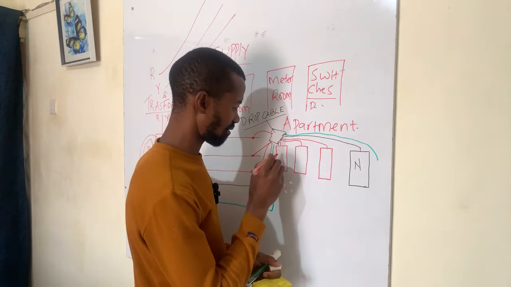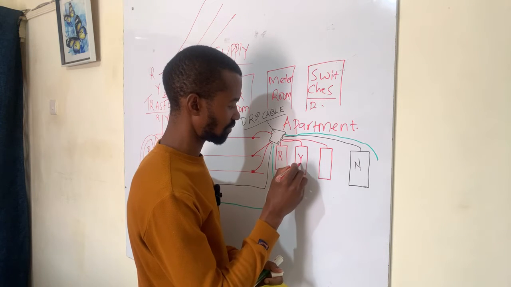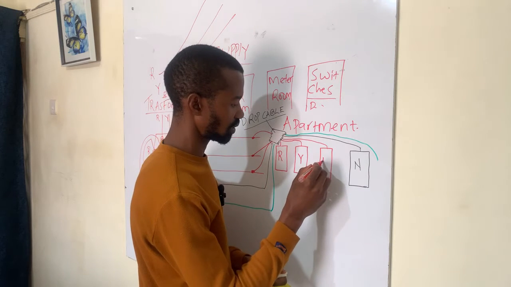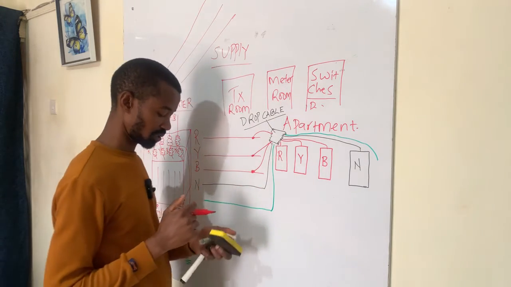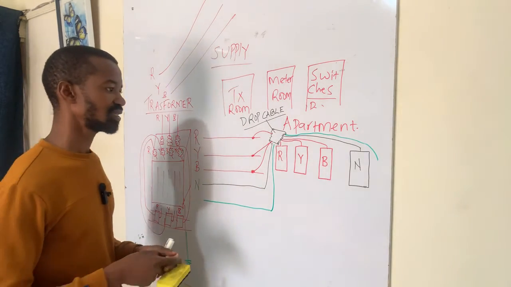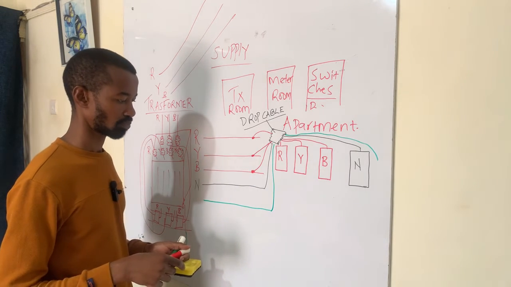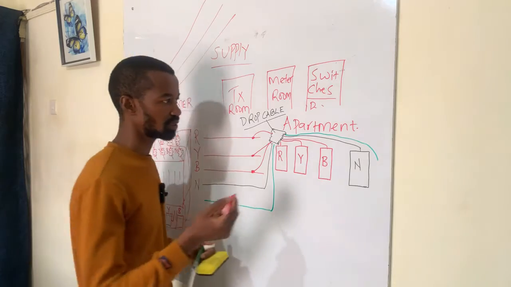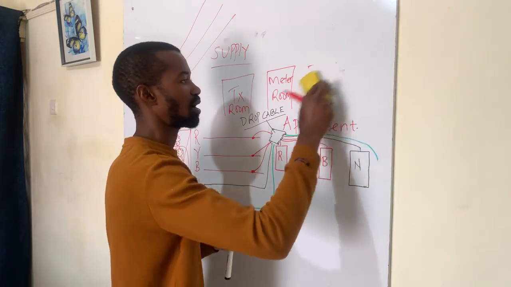Then we have our red phase here, we have our yellow phase here, and definitely we have our blue phase here. Very important. So this is at the meter board. Let me squeeze somewhere here the word meter board.